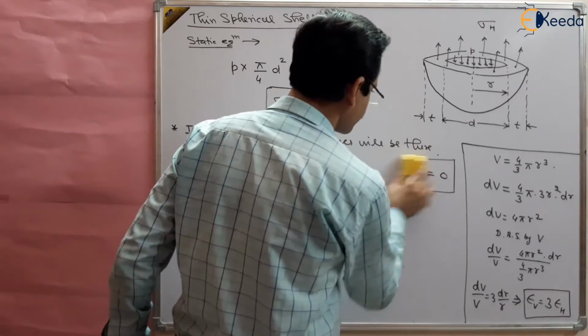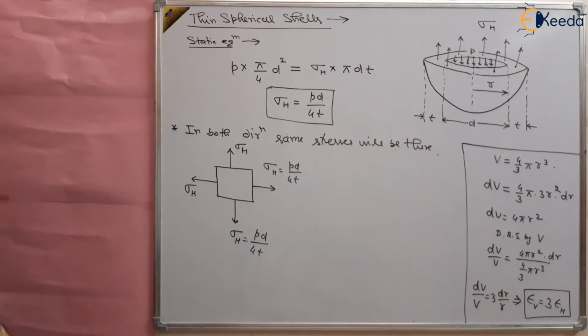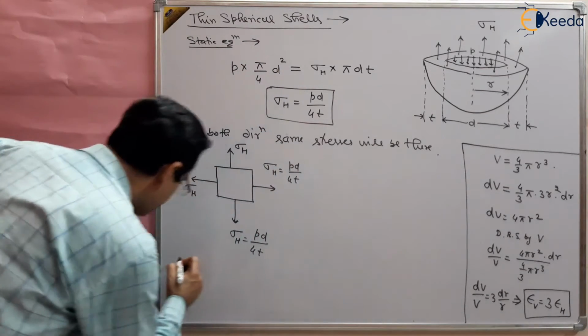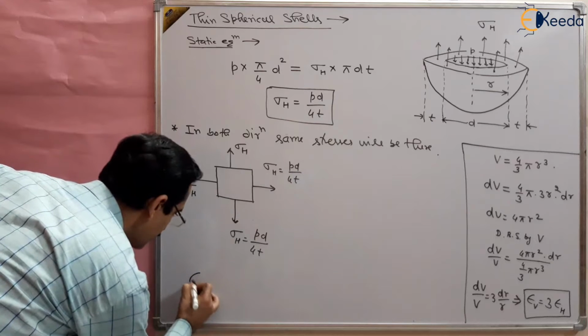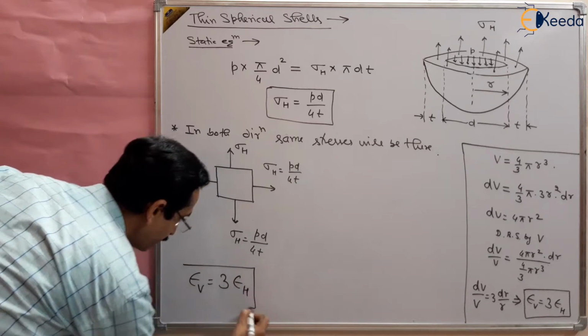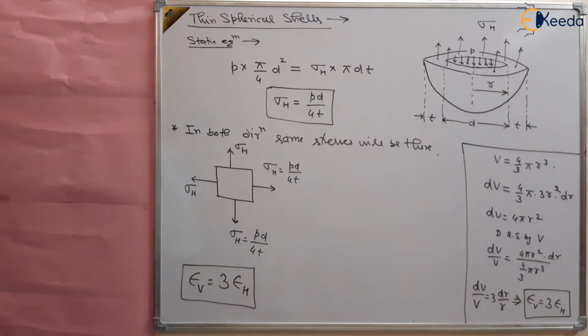Now we are talking about the volumetric strain. We have obtained the result that volumetric strain is 3 times the hoop strain. But what is hoop strain? What will be the value of hoop strain?